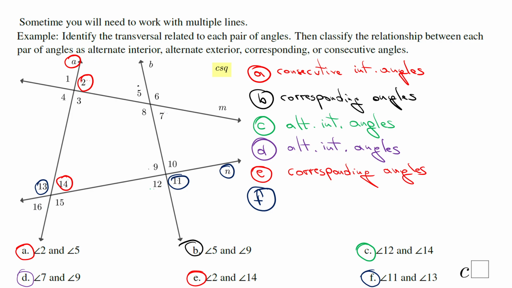They are not between A and B, they are outside of those two lines. So they are exterior angles, one on one side of the transversal N, the other one on the other side of transversal N. We call them alternate exterior angles.